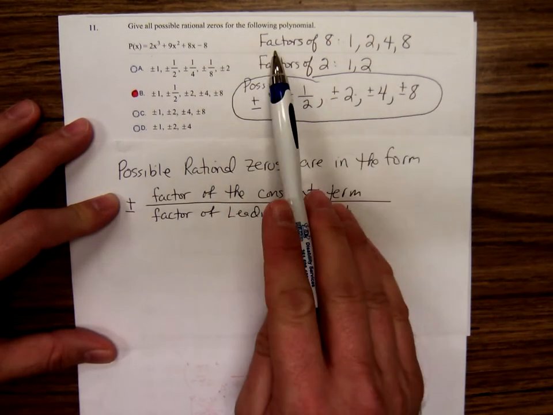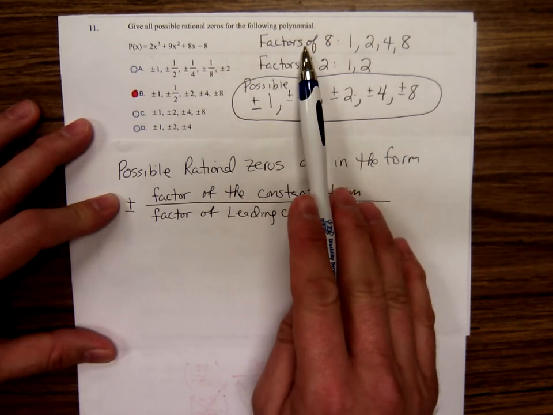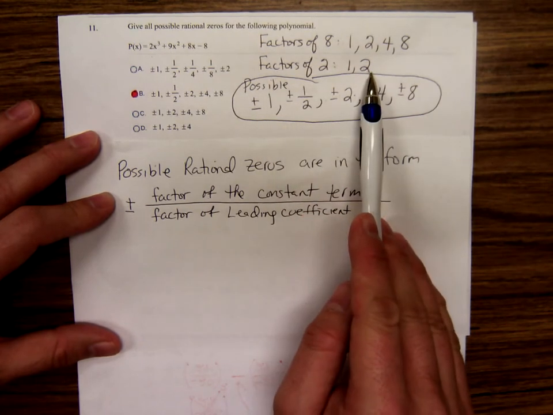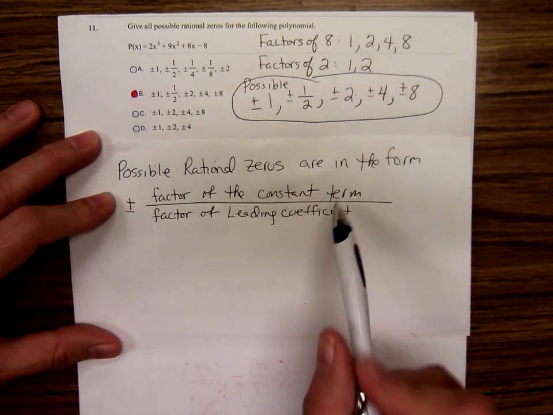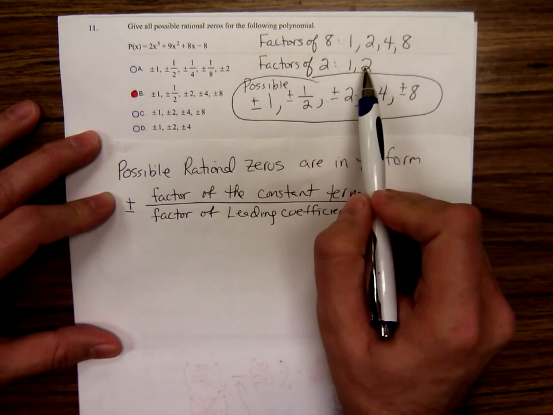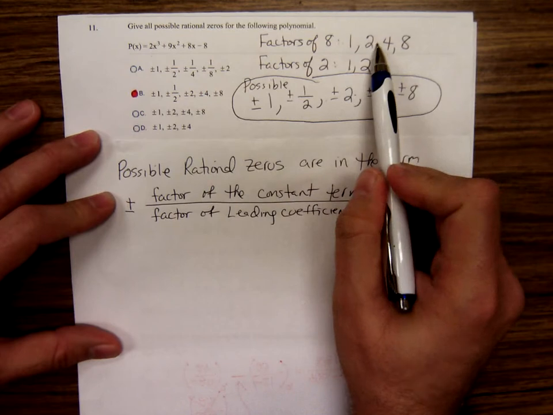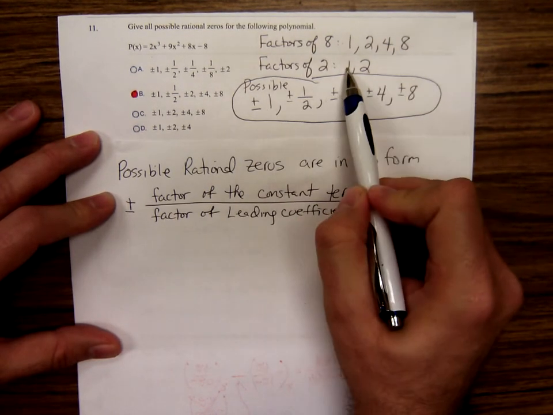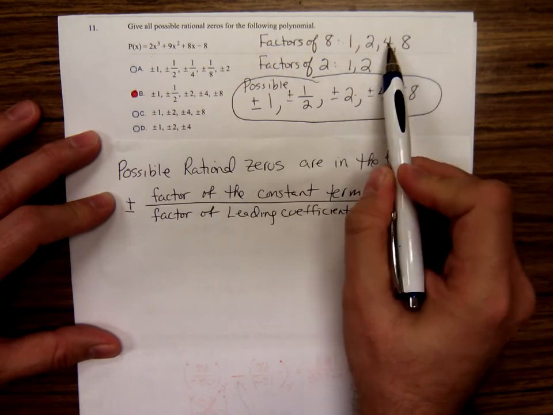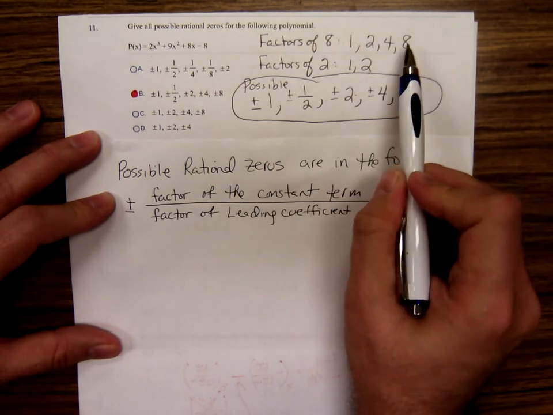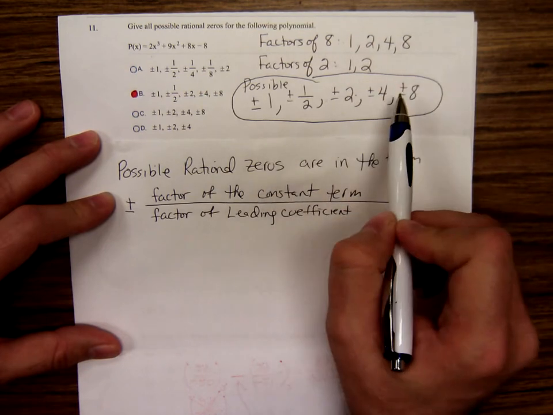So it's all in the form plus minus factor of the constant term over factor of the leading coefficient. Once you write out those factors, you go 1 over 1, 1 over 2, 2 over 1. Now 2 over 2 is 1, we've done it. 4 over 1 is 4, 4 over 2 we've listed. 8 over 1 is 8, 8 over 2 is 4.